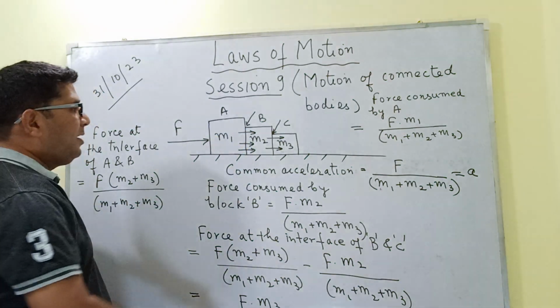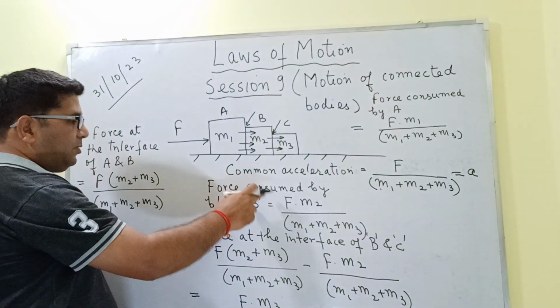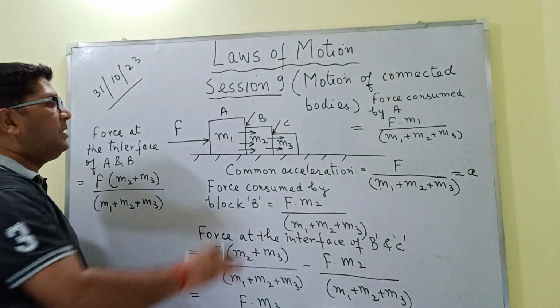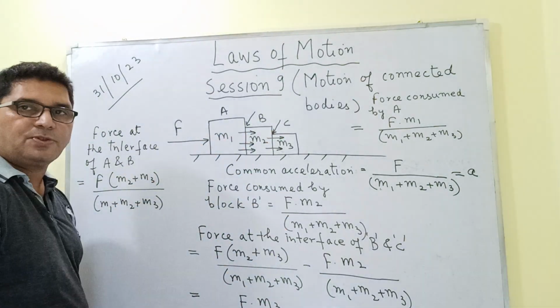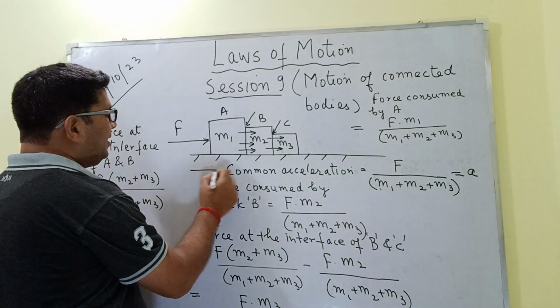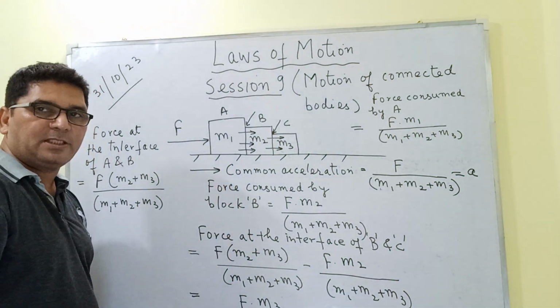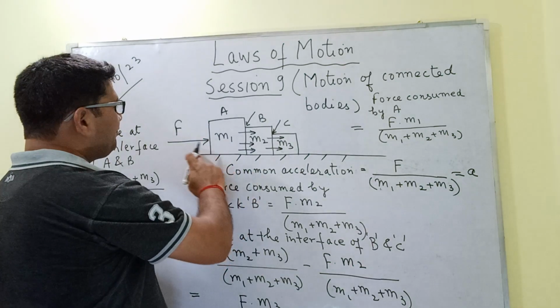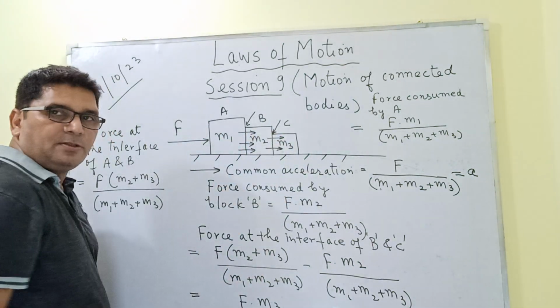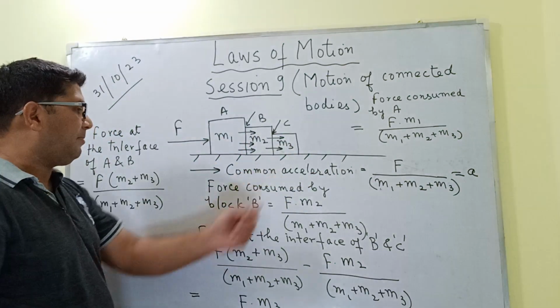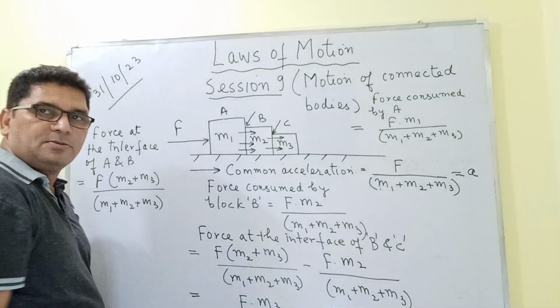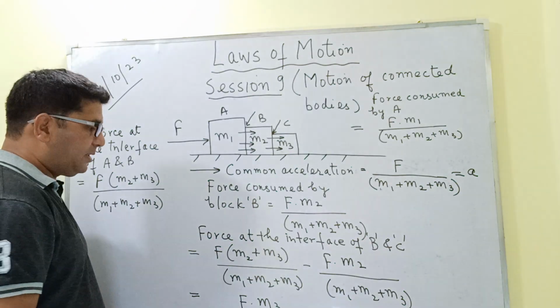So this is how we calculate the force at the interface of the different combinations of blocks, and the first step in solving these types of questions is that you have to find, first of all, the common acceleration। तो common acceleration क्या हो जाता है, applied force divided by the total mass, वो निकालने के बाद में then this is how we have to proceed further.